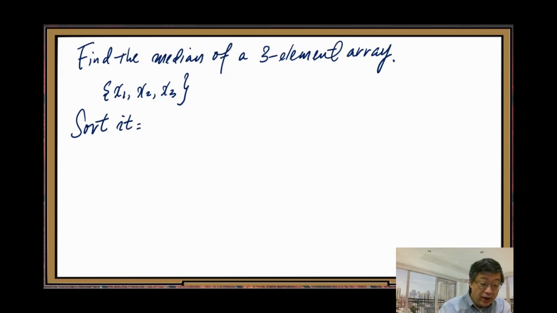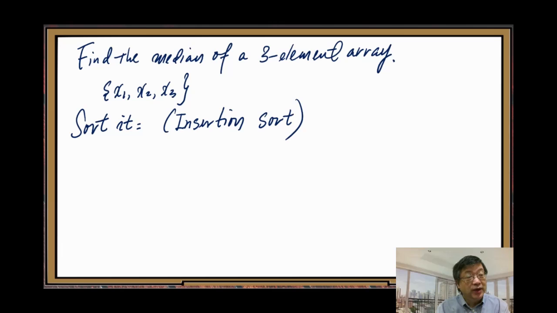Although there are different ways, here I would like to go with insertion sort. So we can see how many comparisons we need. For insertion sort, the first comparison is x1 and x2.